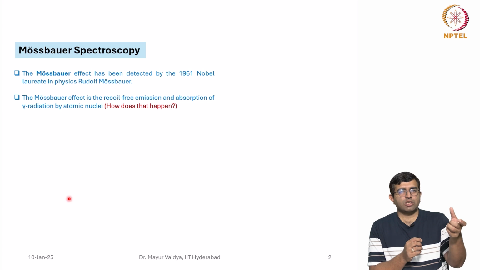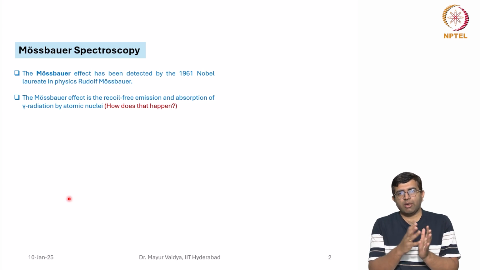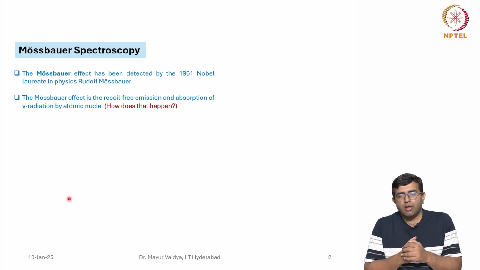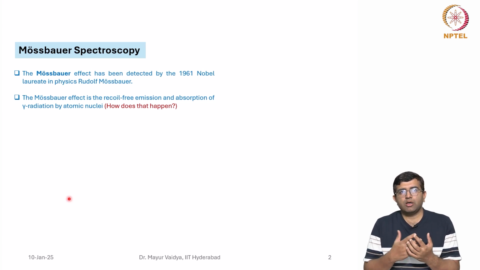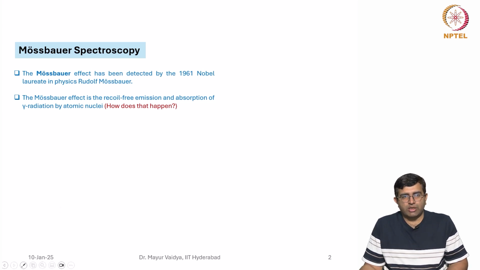You play with toy guns which throw out a ball, and one feels a little bit of backward push. Similarly, if anything ejects something, a ball or something like that, then you will feel a backward push. So, that recoil is quite common. But when the emission and absorption of this gamma radiation is recoil free, that is known as the Mössbauer effect.